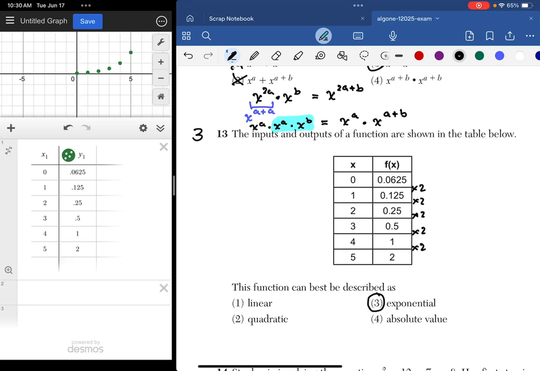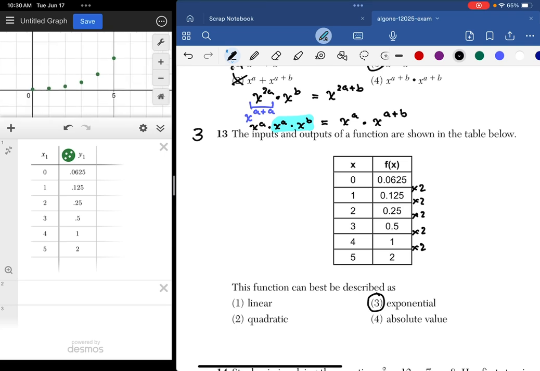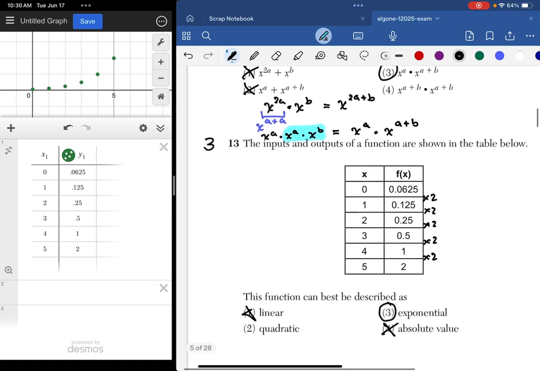So looking at this, it looks like it's increasing, right? But it's definitely not linear or absolute, because those are straight line segments or just lines in general. The only other thing I would say is maybe it could be quadratic, but then I would need to see more of the graph.